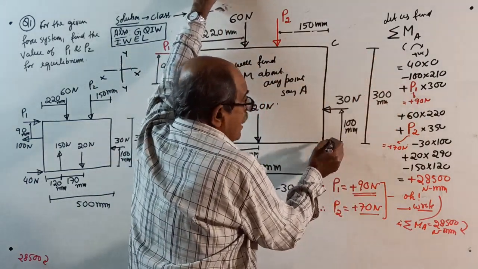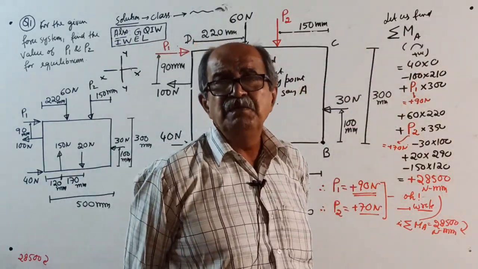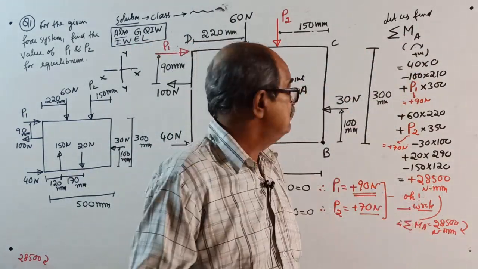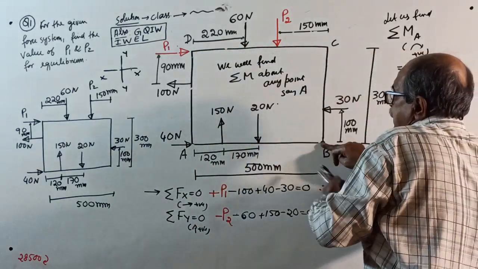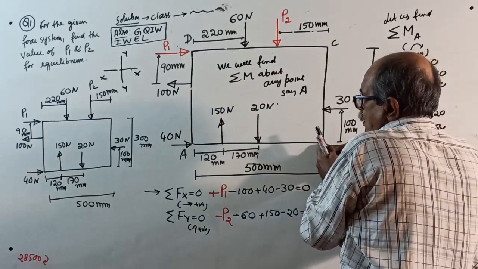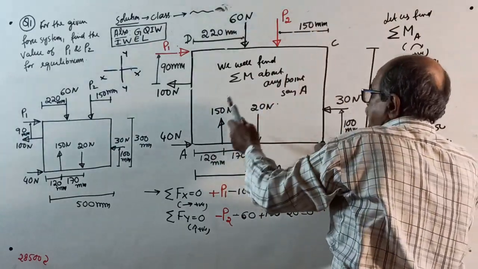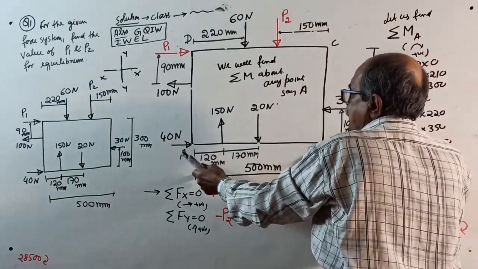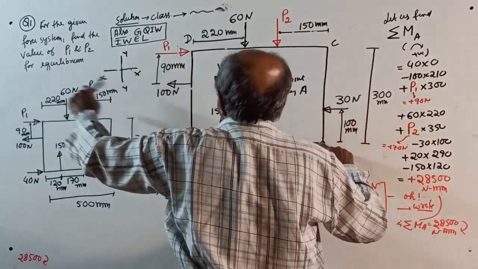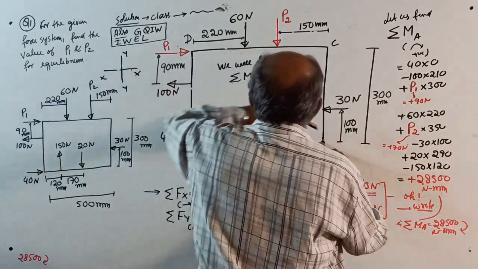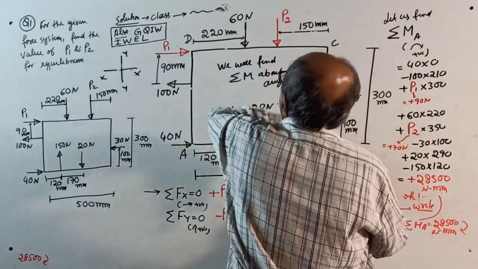Take moment about B, I am not writing. Instead of sigma m about A, suppose you find sigma m about B. Okay, I will explain now. Start. From here, minus 20 into 210 anti-clockwise. Plus 150 into 380. Why? 500 minus 120. 40 into 0. 100 into 210 anti-clockwise. P1 into 300 clockwise.